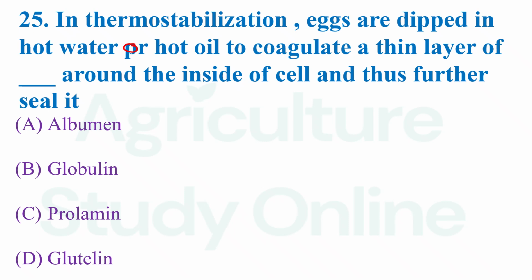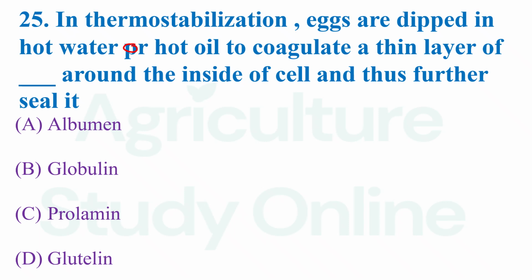During thermostabilization, these eggs are dipped in hot water or oil, so the albumin, that is the egg white protein, will coagulate, meaning it will solidify, forming a thin protective layer inside the shell. Sealing of the pores prevents microbial entry and moisture loss.